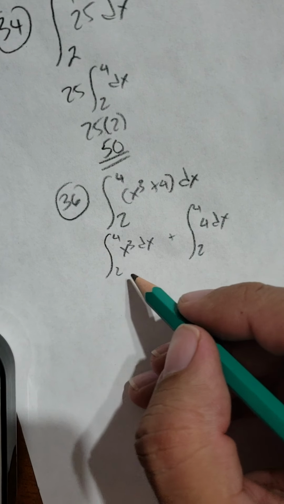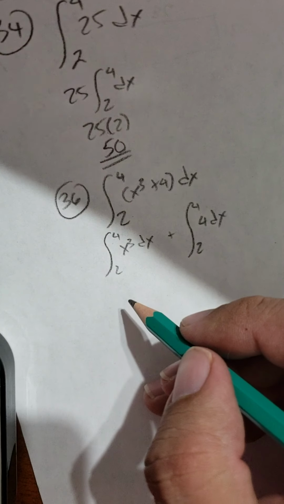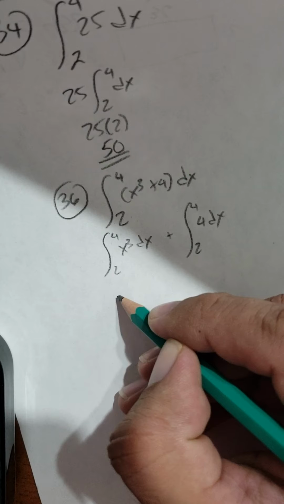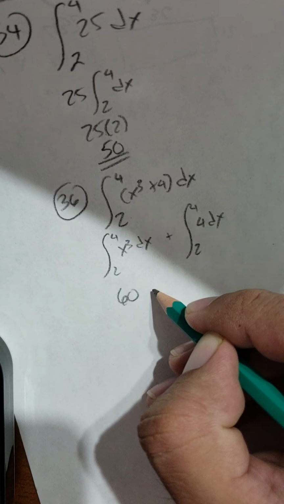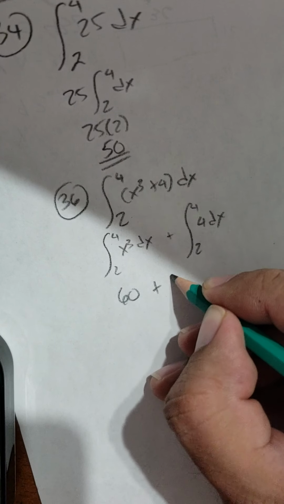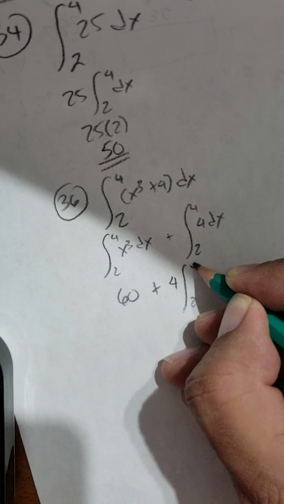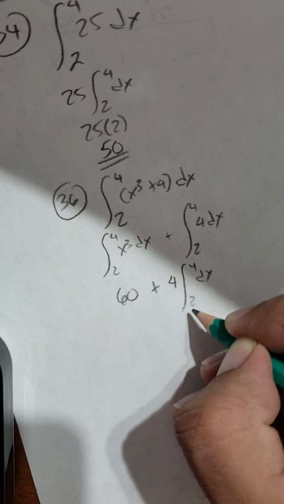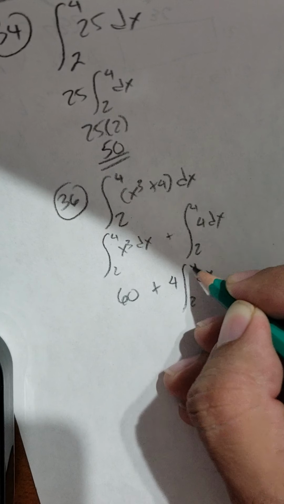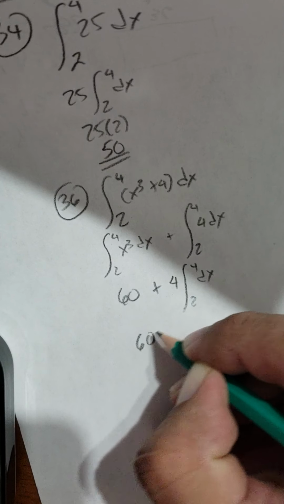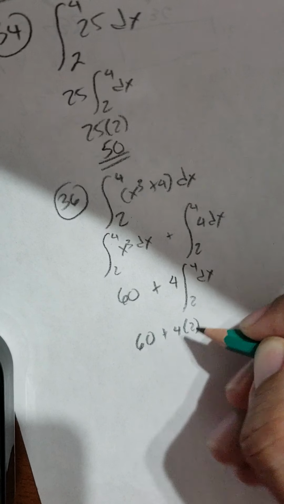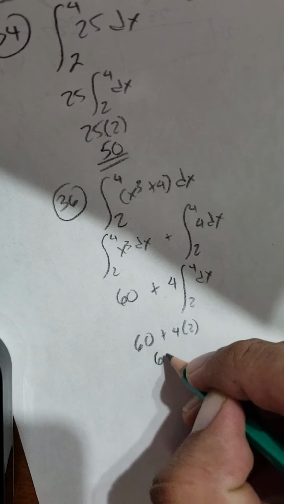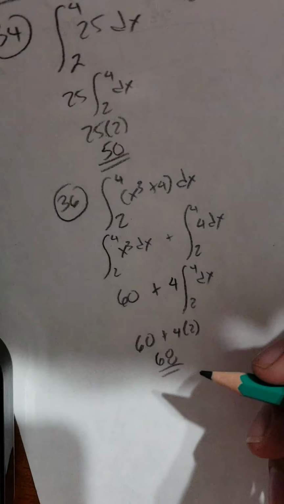Then we already know the integral of x to the third power from 2 to 4 is 60, plus the 4 going out here, times the integral of dx. We already know that the integral of dx from 2 to 4 is 2. So 60 plus 4 times 2, using the results that we already have in the book. That will be 68.